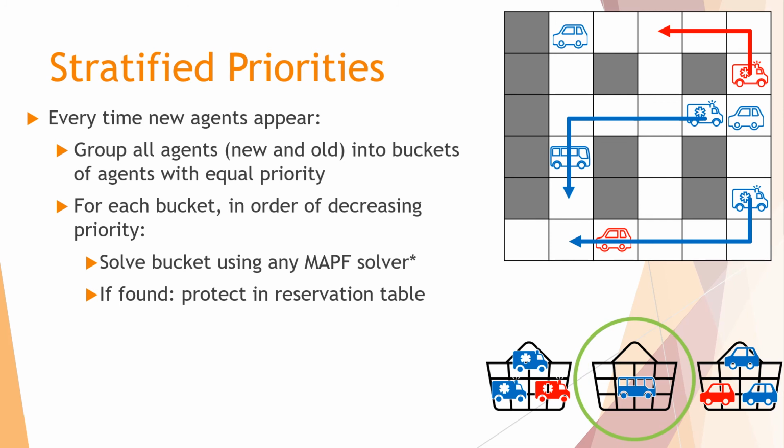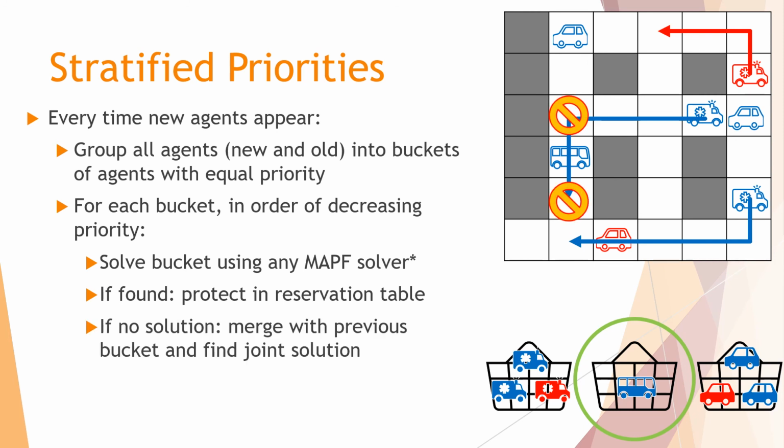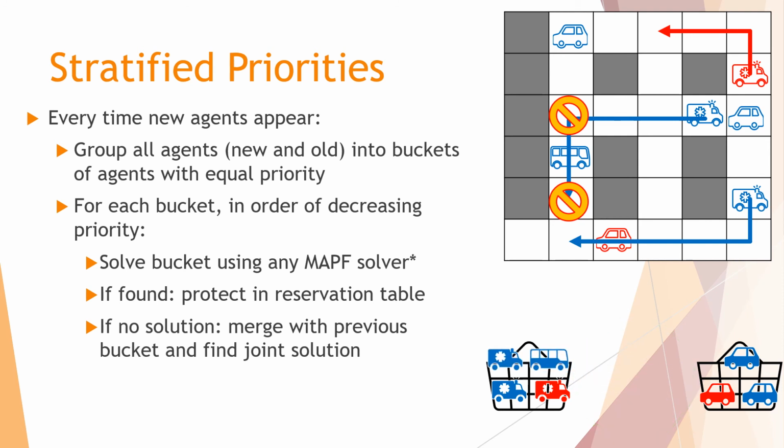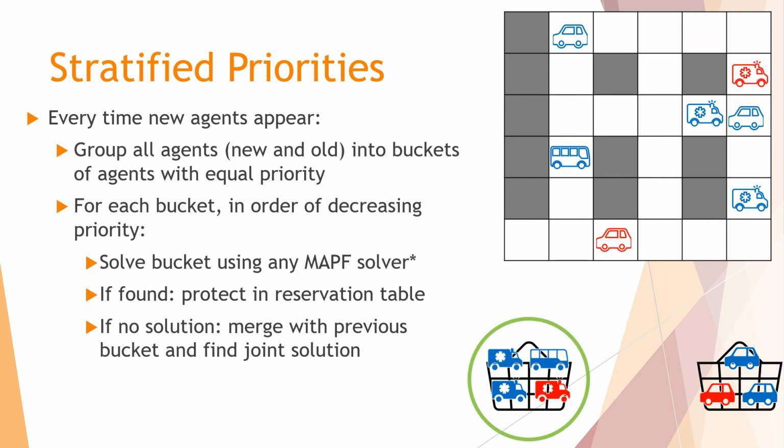It may be impossible to find a valid solution for a given bucket because of existing reservations. In this case, we merge that bucket with the previous bucket, remove the previous bucket's reservations, and look for a joint solution for the group of agents in the merged bucket.